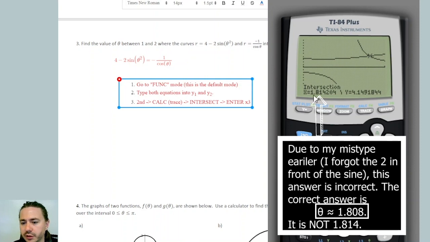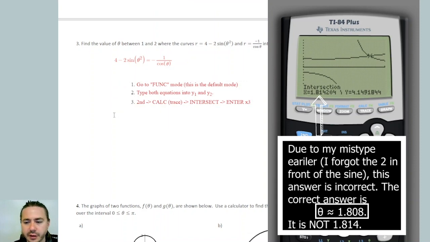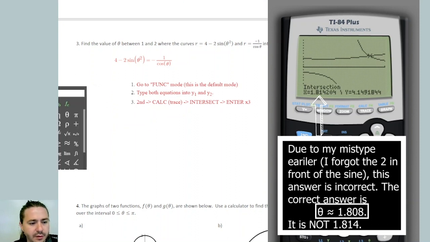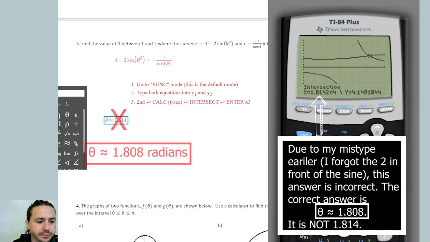So this coordinate is really your theta and your r value. So the theta value is going to be approximately 1.814.